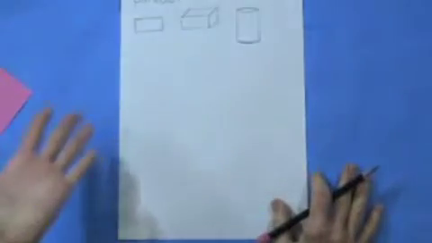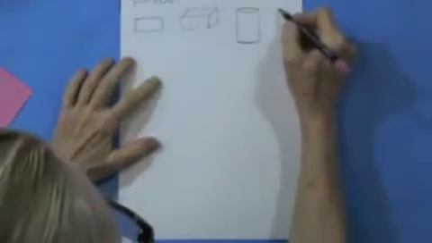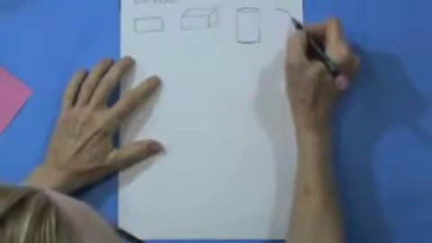Now, remember what we did with the rectangles when we made the rim design? Well, we could certainly bend our cylinder also, couldn't we? So let's take a look at how we would bend our cylinder. Well, we could do this.